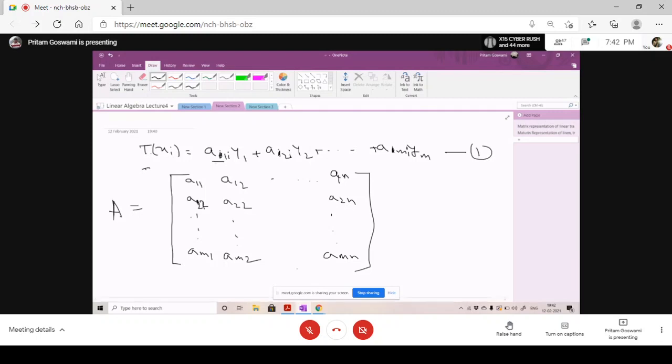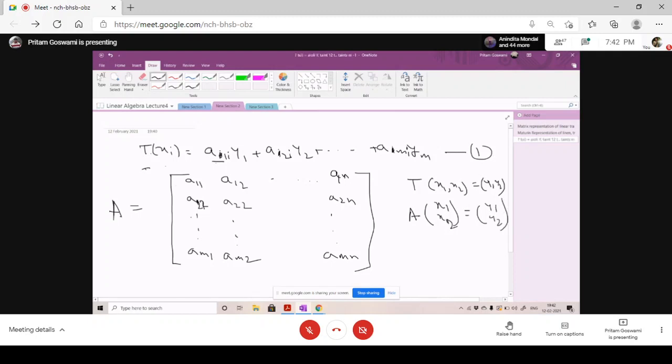Yes, sir. Now if you check, this matrix is nothing but the representation of the linear transformation. So if I say that the linear transformation T sends a point, say x1, x2, to somewhere y1, y2, the same matrix A will send the point x1, x2 to y1, y2.